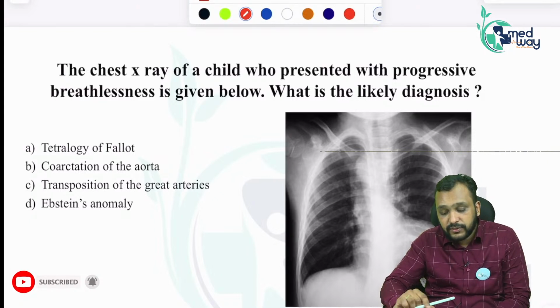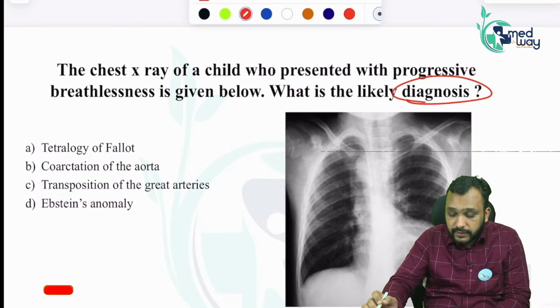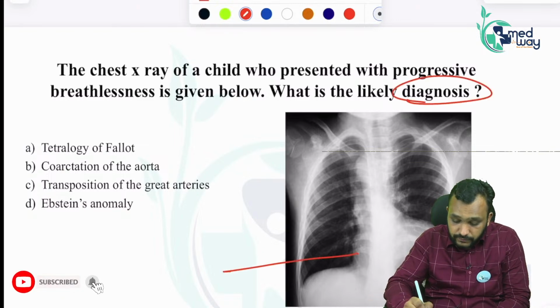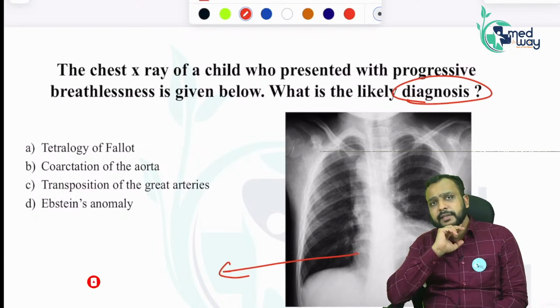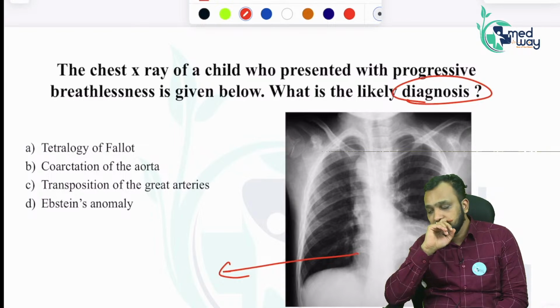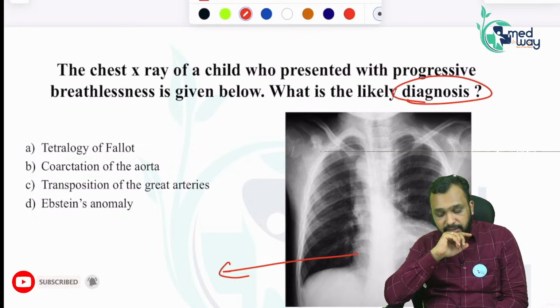So the chest X-ray of a child who presented with progressive breathlessness is given below. What is the likely diagnosis? Anyone in the comment section? Chest X-ray of a child who is cyanotic, presenting with progressive breathlessness.